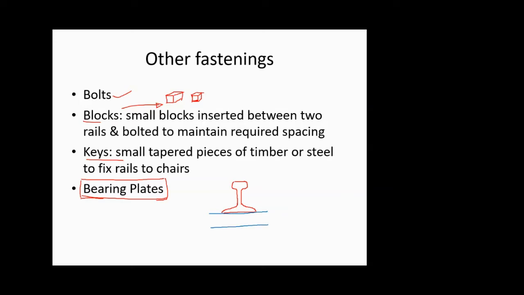If you know that bearing stresses are much more in a particular section, then instead of directly placing your rail on the sleeper, you can have a small metal plate. Its thickness is just minimum, and it is placed exactly below the rail, and it acts as a bearing plate.